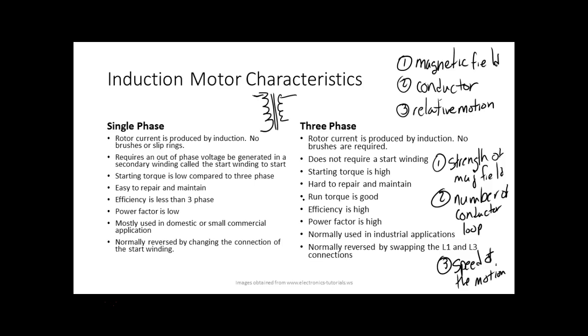So that means if I can take a field and a conductor, then I can induce a voltage into that conductor, and that's the way induction motors work. An induction motor has a stator, which is the field, the electromagnet, and then we have what we call a rotor, which works kind of like the secondary of a transformer.